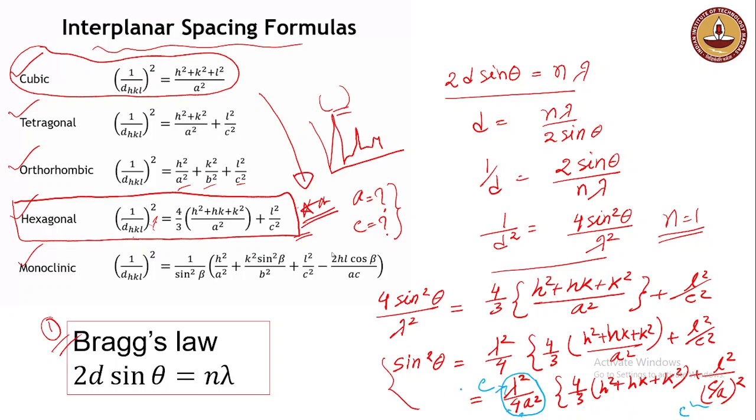So this equation in the simplified way, I can write it like, we have sine square theta is equal to lambda square by 4 a square, and within bracket we have, let me write the whole equation first, 4 third h square plus hk plus k square plus c by a whole square l square.